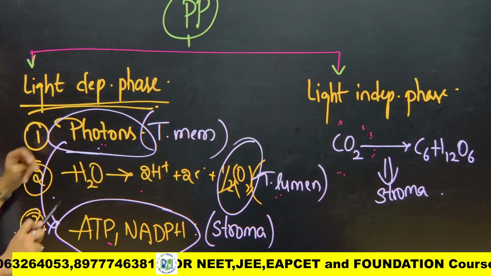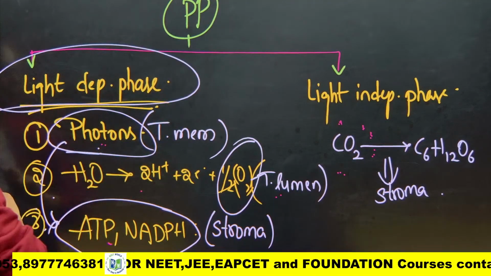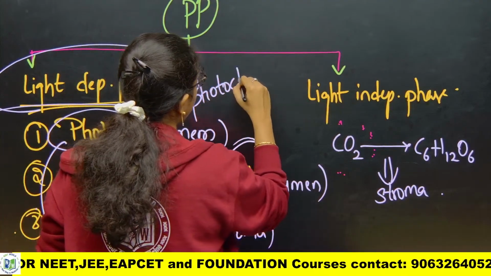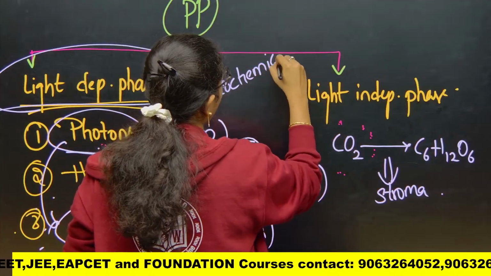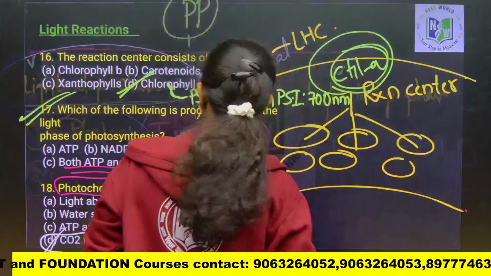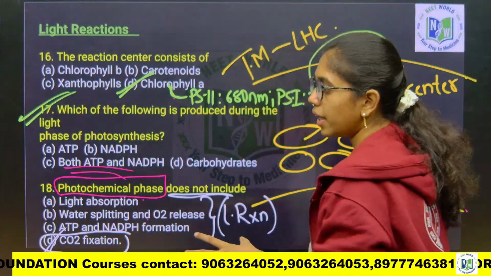So these three steps involved in the light dependent reactions come under the photochemical phase. Clear? This question is clear to you, right?